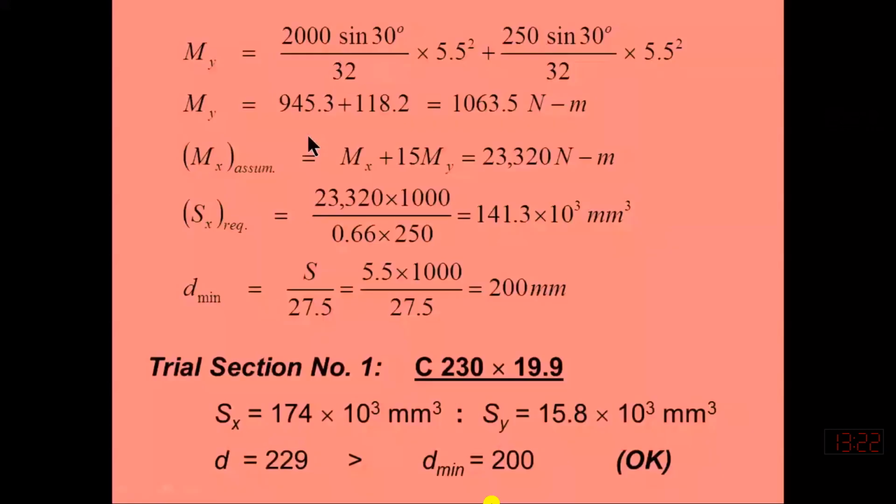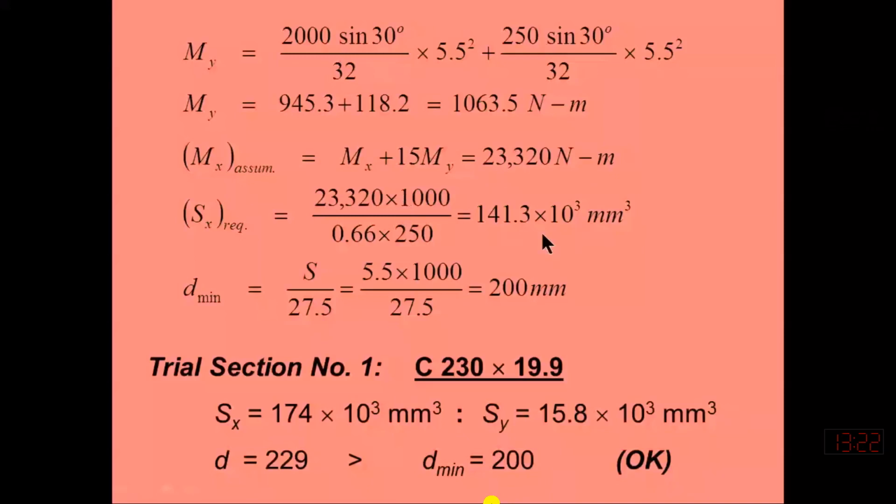23,320 Newton meter. And we will determine the section modulus required. As the moment is in Newton meter, we will multiply with 1000 to convert into Newton millimeter, divided by the bending strength, which is 0.66 Fy. So the section modulus required will be 141.3 into 10 to the power 3.